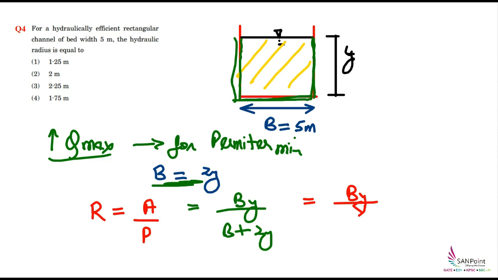So in the denominator, it will become 2y plus 2y, which will be 4y. So from here y and y will get cancelled out. So we'll get B by 4. And the B value is given in the problem as 5. So the answer will be 5 by 4, which comes out to be 1.25. So the correct answer for this question will be option 1. So option 1 is our correct answer, which is 1.25 meter.